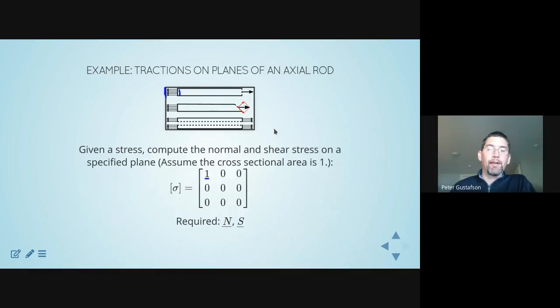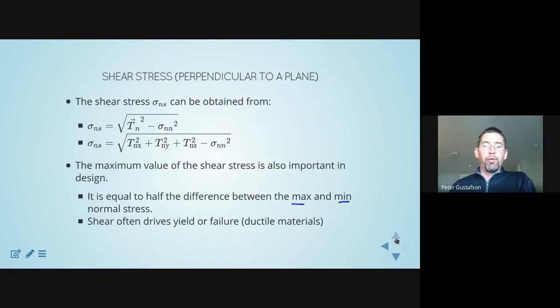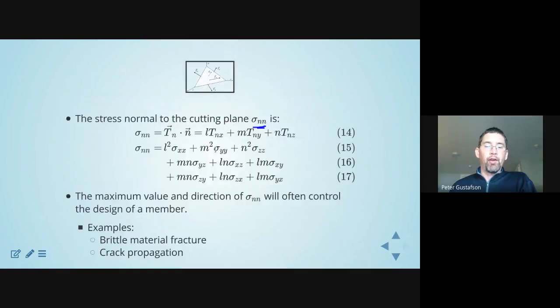Now let me get back to Cole. Cole, it's not terribly critical that you memorize this equation. I think this is what you're now asking for, this equation for Nn. It's not terribly critical that you memorize that. You're going to find that you're going to move very quickly to doing this using either matrix operations or in what's called index notation.